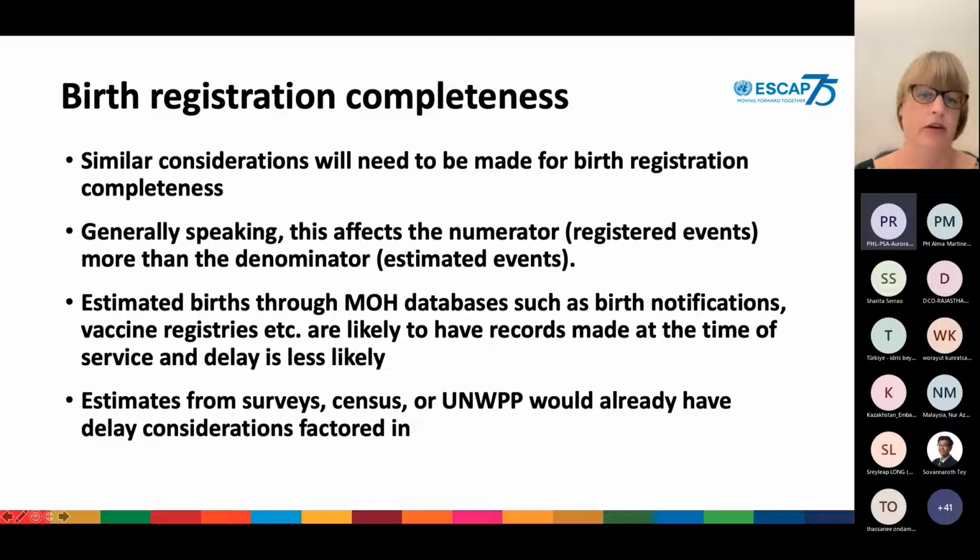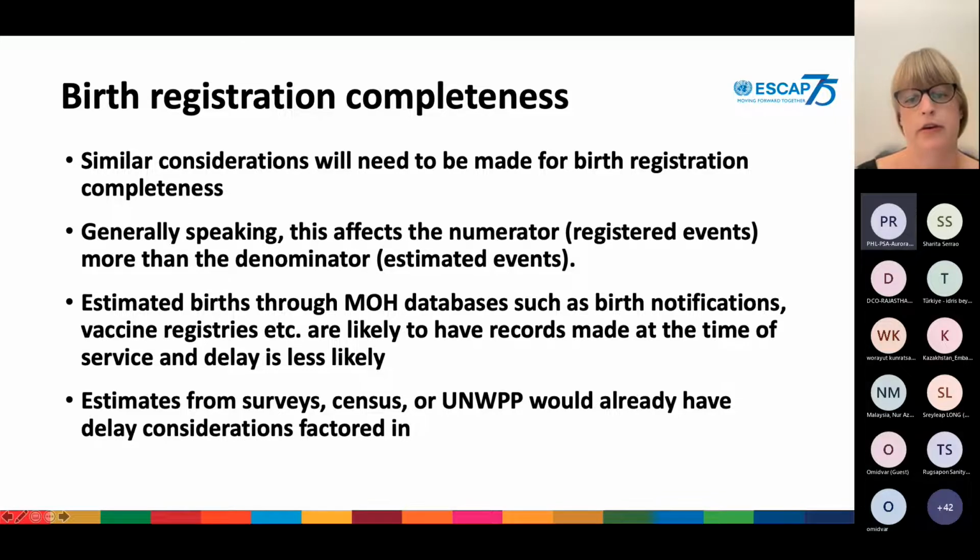But again, you just have to make sure your numerator and your denominator match for births for that 5-year period. And similar with births, we would generally assume our denominator isn't too affected by delay. We're really focused on the registration and the delay in registration.